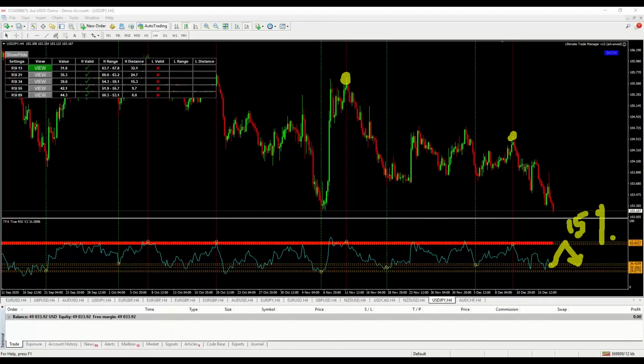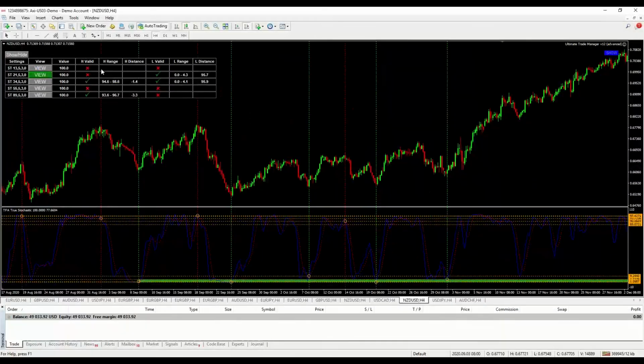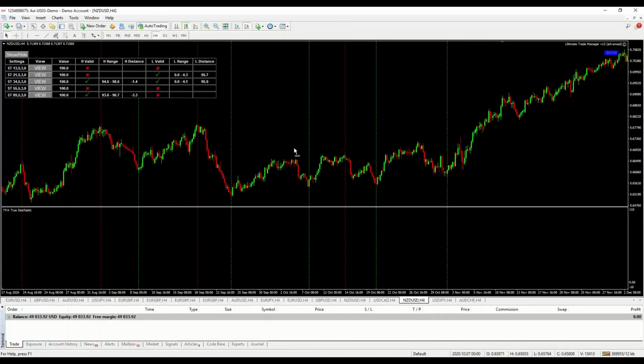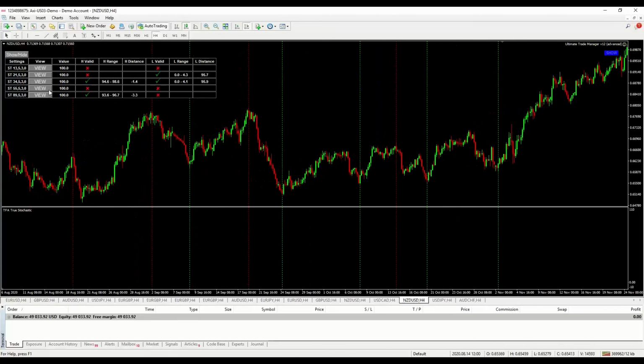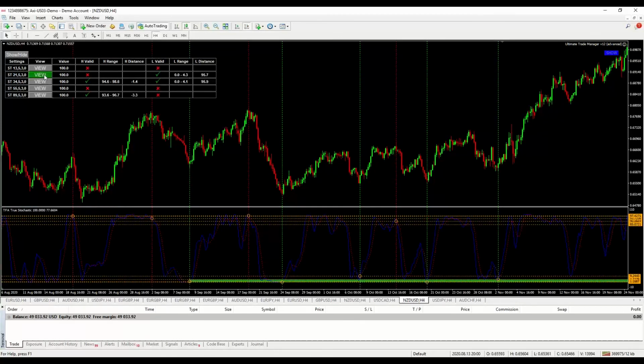One additional thing I'm going to do, because it's our last webinar and thank you guys for tuning in, is I'm also going to throw in a true stochastic indicator. Just like the RSI which I showed you, we can also see the stochastic. The stochastic functions the same way as the RSI.